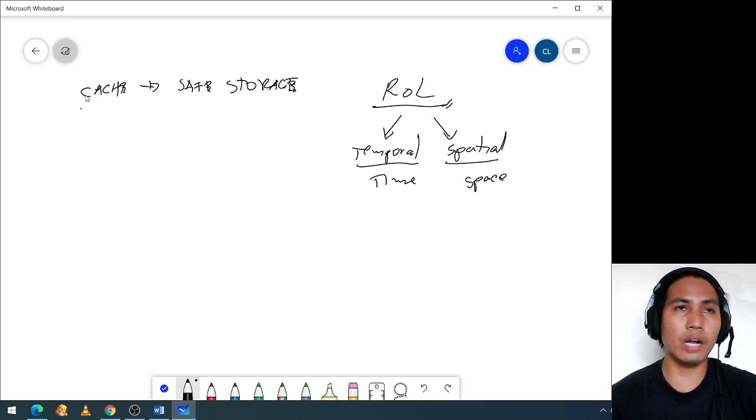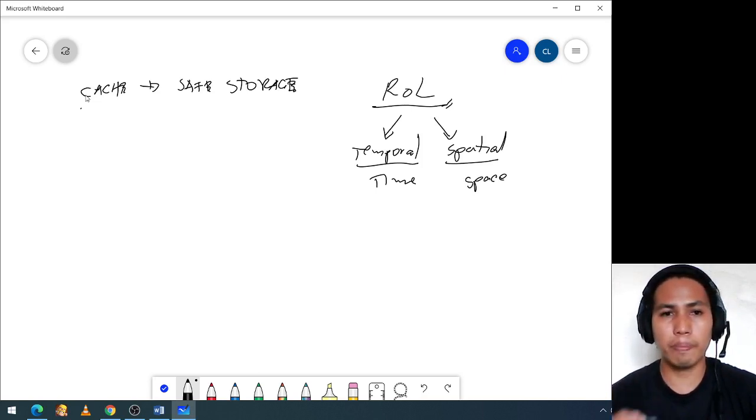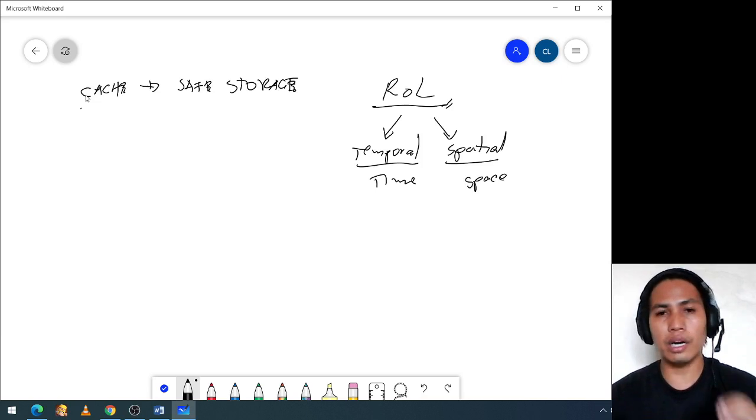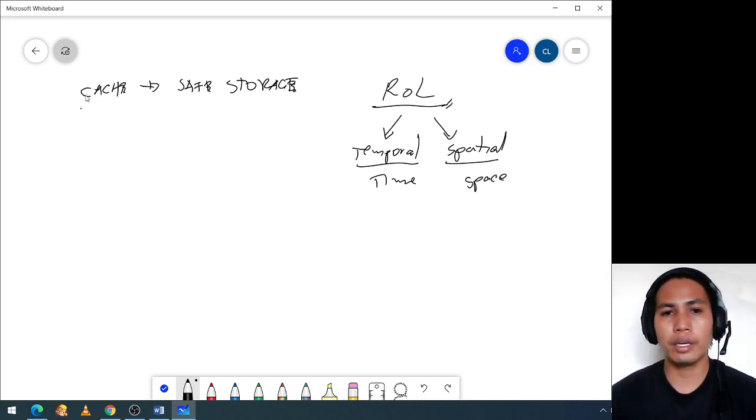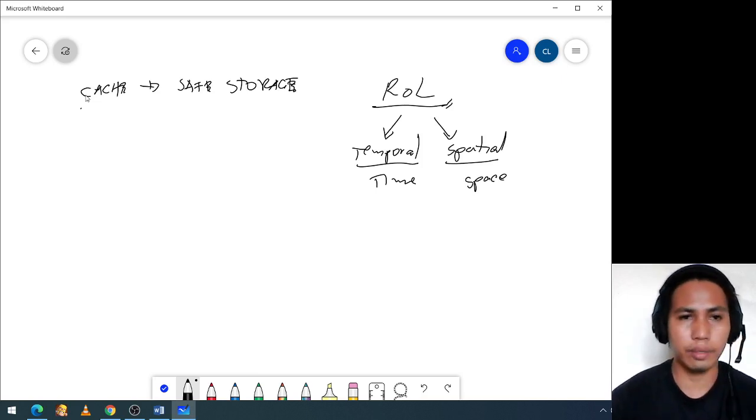Kasi po, para mas mapabilis po yung processing natin or process po natin of information, ang ginagawa po ng computer po natin, there are files na sinasave niya po kay cache.